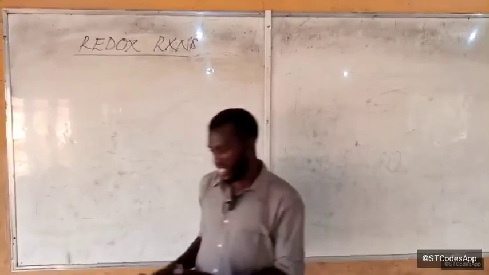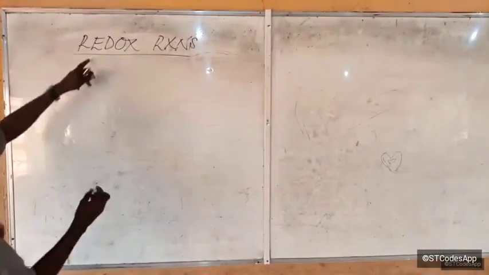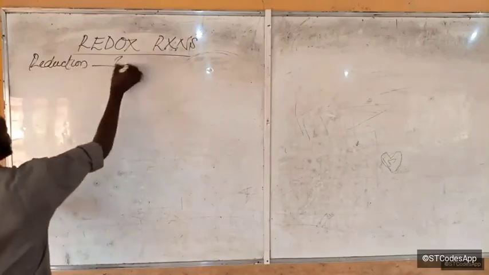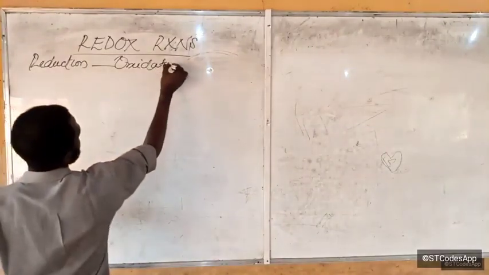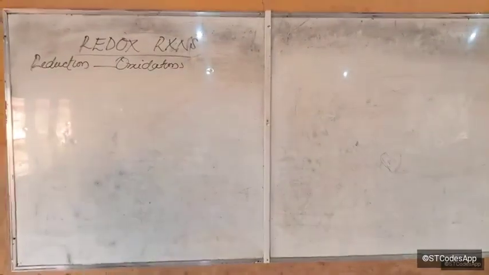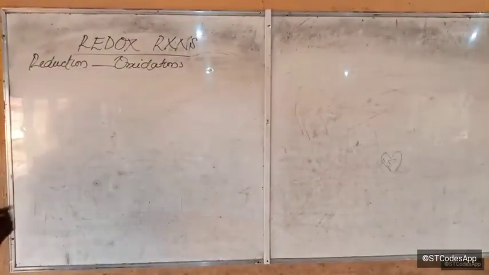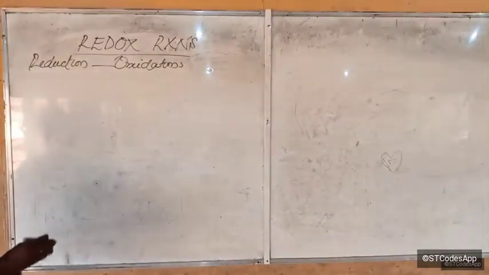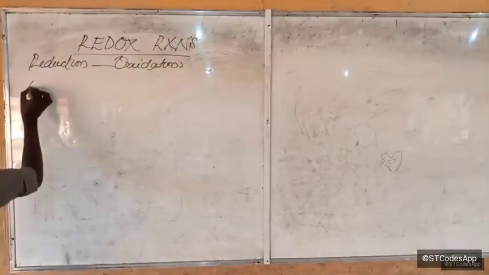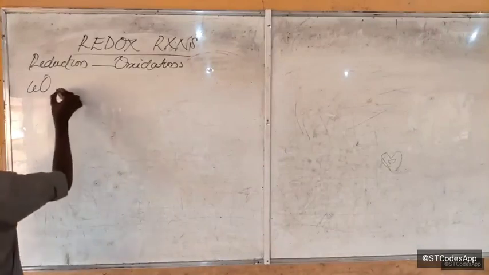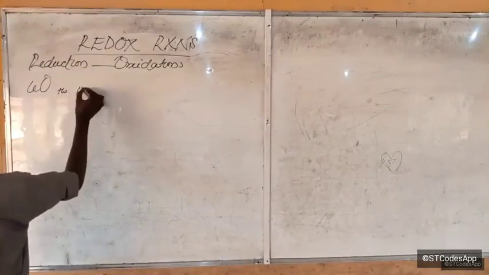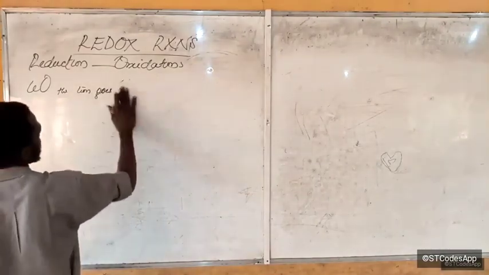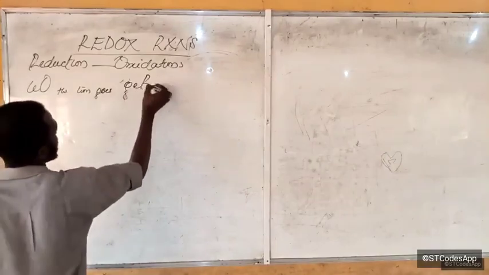Now, the first definition is that redox is gotten from two words, which mean reduction and oxidation reactions. All right. So now, what is reduction? First, let's use the classic mnemonic that says LEO the lion goes GER.